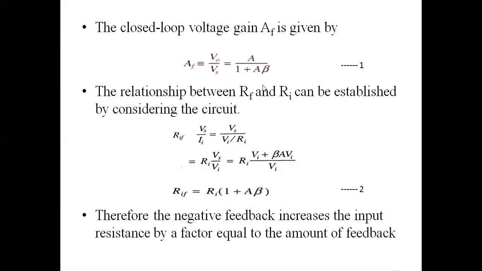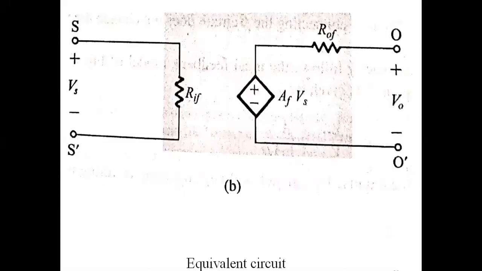The equivalent circuit model for the series shunt feedback amplifier is shown in figure B. Observe that here EF is the open circuit voltage gain of the feedback amplifier, and RIF and ROF denote the input and output resistance with feedback.